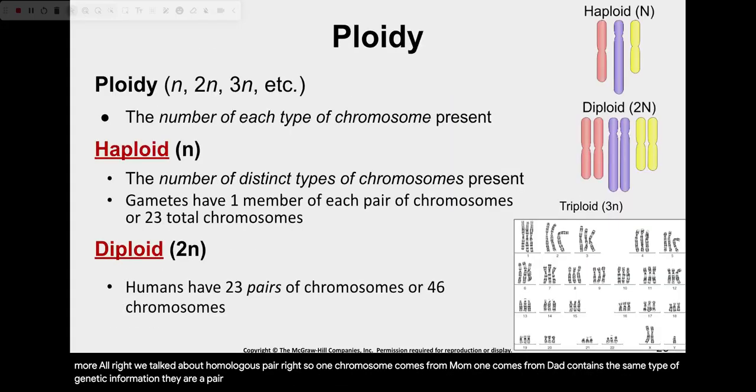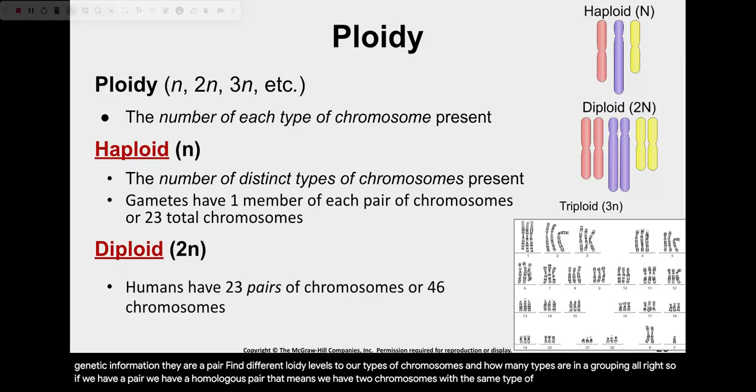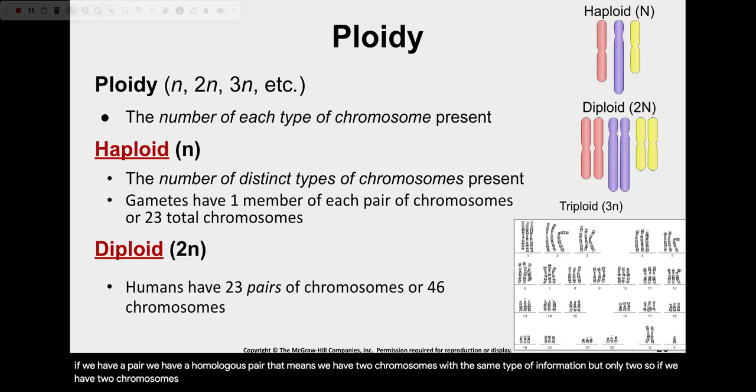We can assign different ploidy levels to our types of chromosomes and how many are in a grouping. If we have a homologous pair, that means we have two chromosomes with the same type of information, but only two. So if we have two chromosomes, that cell would be diploid.